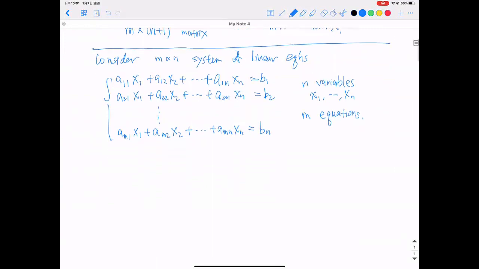All right, so the goal for now is to solve the system of linear equations.